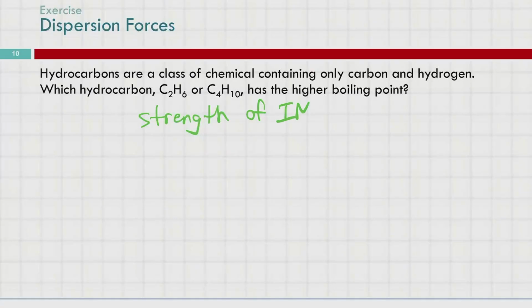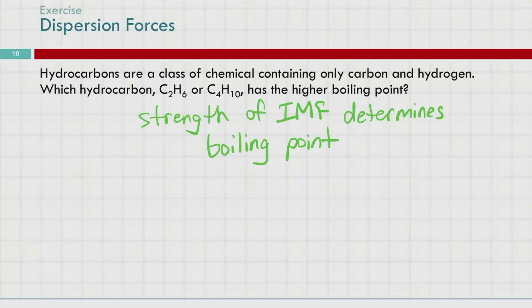So the strength of our intermolecular forces determines or influences boiling point. It also affects melting point, but we're thinking about boiling point here. What's going to cause us to have a higher boiling point? Stronger forces or weaker forces?